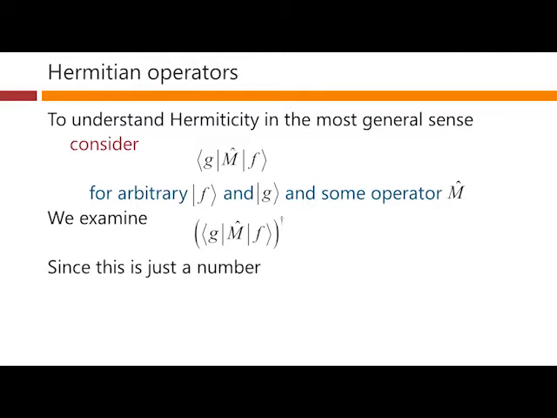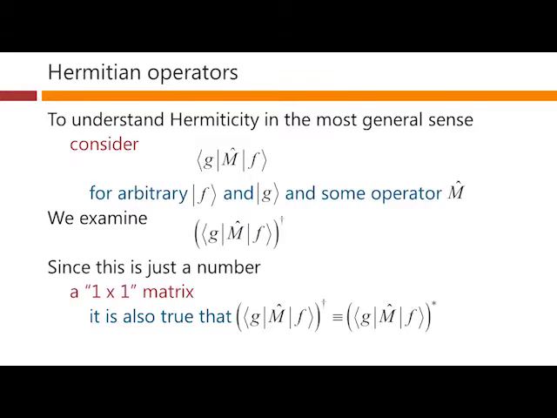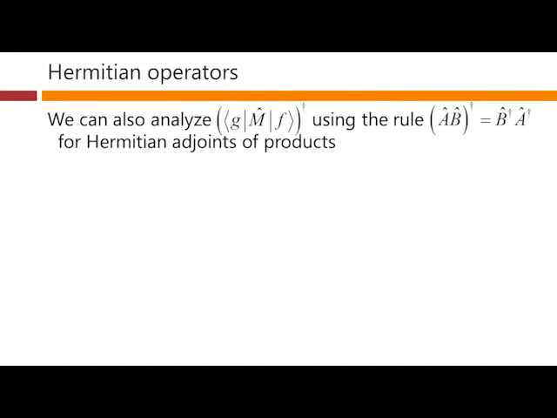This entity here is just a number, a one-by-one matrix if you like, so the Hermitian adjoint is just the complex conjugate in this particular case. We can also analyze this Hermitian adjoint using the usual multiplication rule for the Hermitian adjoint of products, that it's the flipped round product of the Hermitian adjoints.